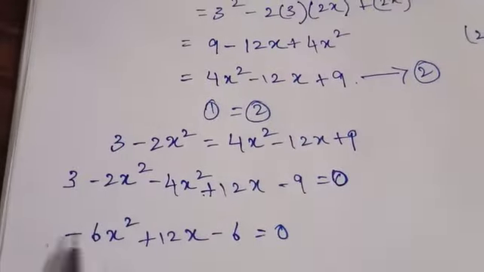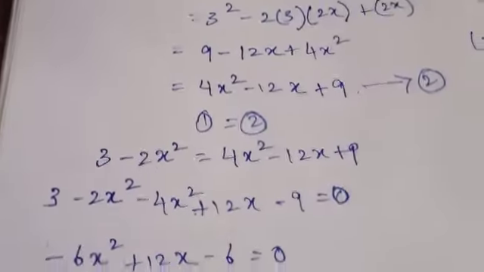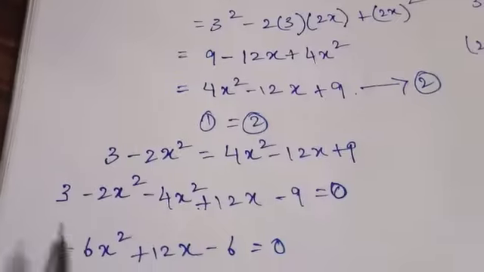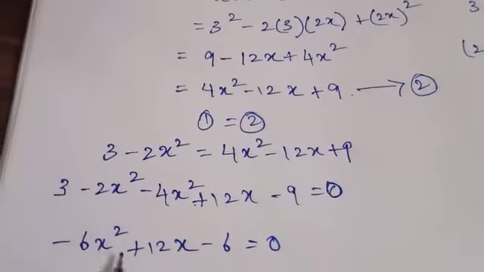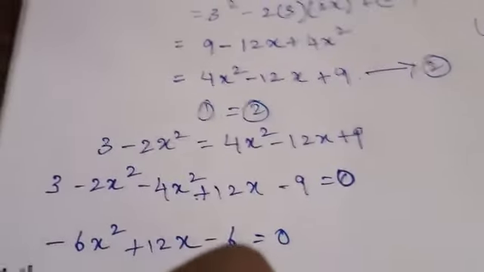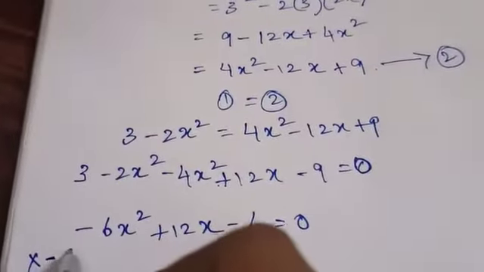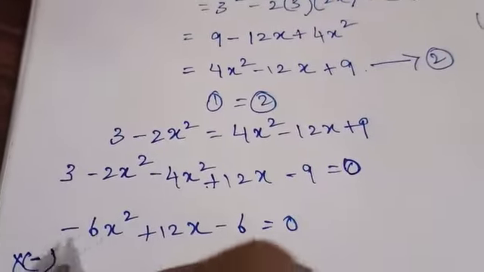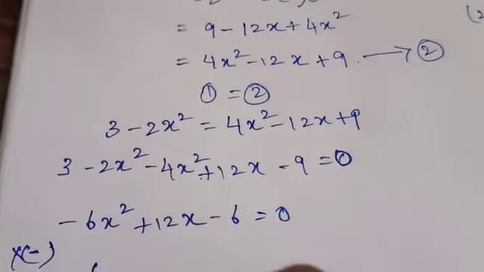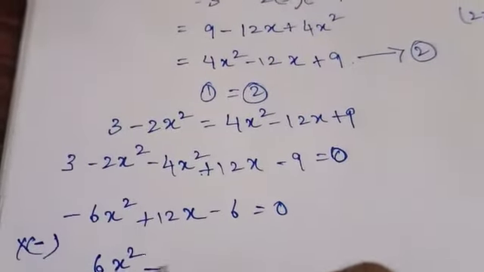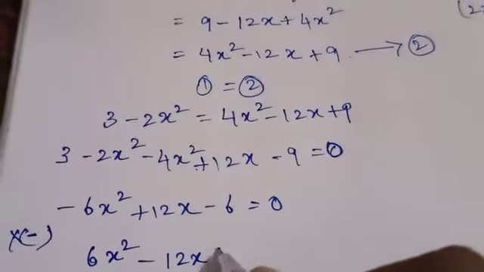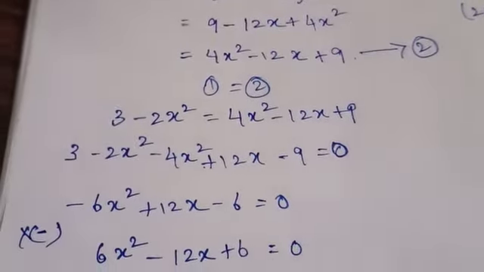Since an equation doesn't start with a minus sign, we are going to remove this minus sign by multiplying this equation by minus. Then we'll get minus into minus, plus 6x square, plus into minus, minus 12x. So I'm changing the signs.